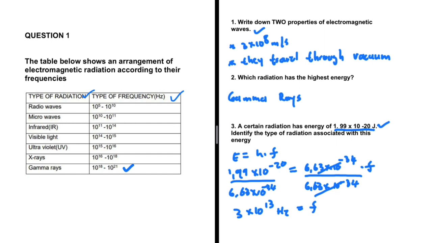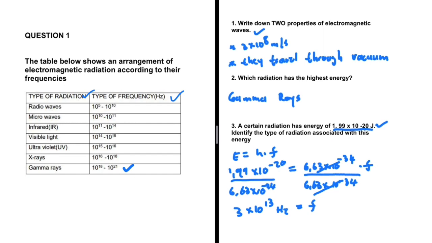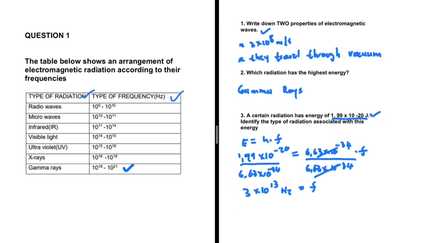So there we go. Now it's just a matter of figuring out in which range this frequency belongs to according to our given table. We have 3 times 10 to the power 13. So it doesn't belong to radio waves, as we can see, not microwaves, but infrared.